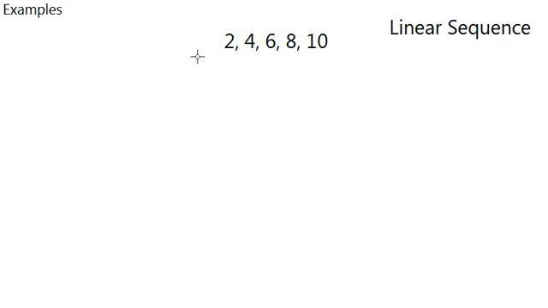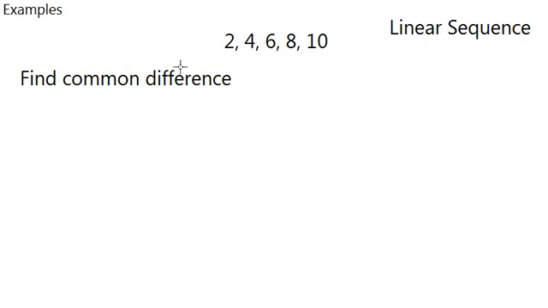For an nth term, it is generally given as a general equation of how to find these numbers, and this is when n is 1, this is when n is 2, 3, 4, 5, and so on. The first step of finding the nth term is to find the common difference, and this only applies to linear sequences.